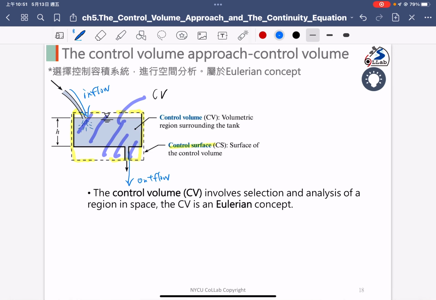The control volume is based on Euler's concept, because the Euler concept is related to the spatial location. You are looking at your problem fixed on some locations. So we call that the Euler concept.